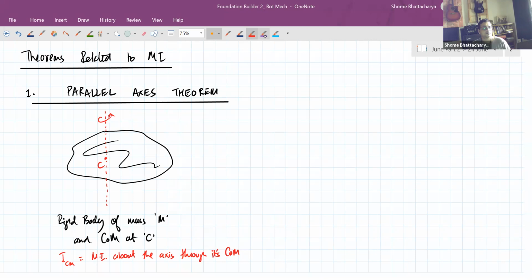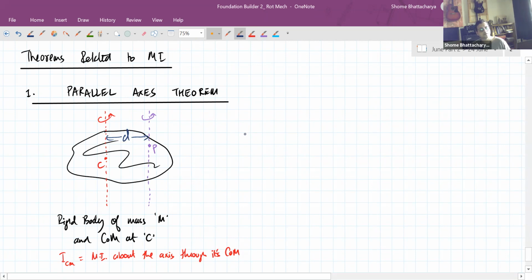Okay. Now, if we consider an axis through any other point, that point could be within the rigid body, it could even be outside the rigid body, it doesn't matter. But if that axis is parallel to this one, and the distance between these two parallel axes is d.